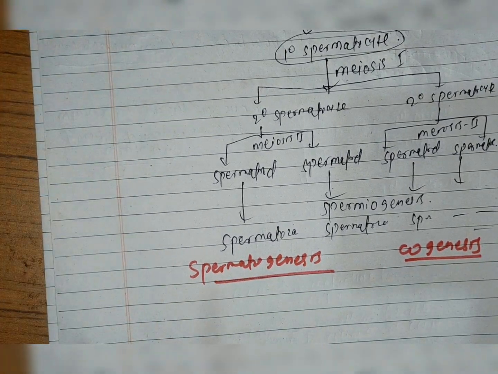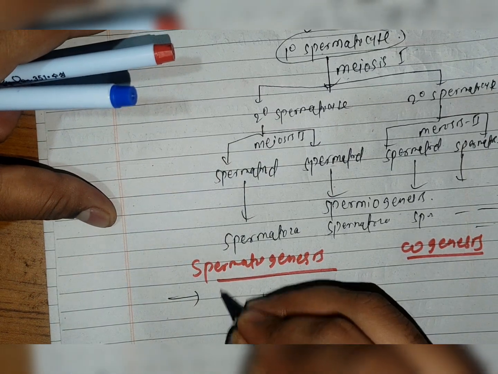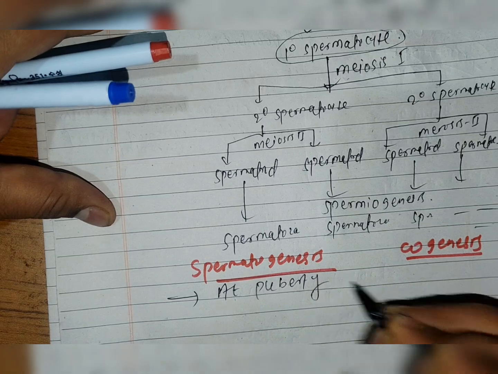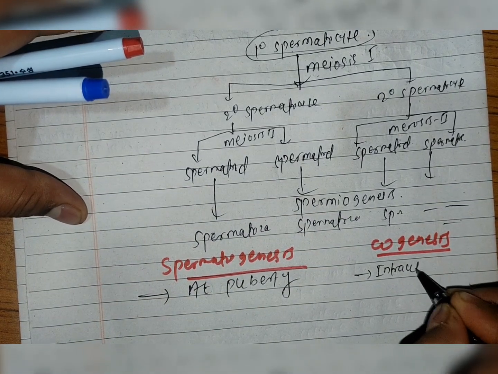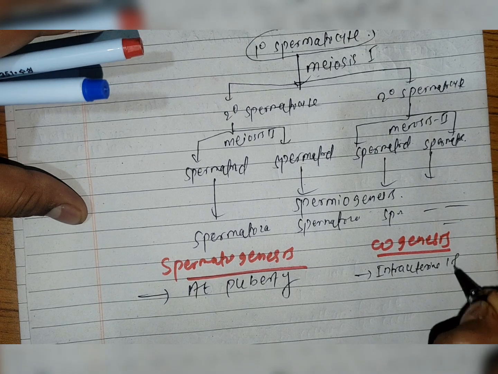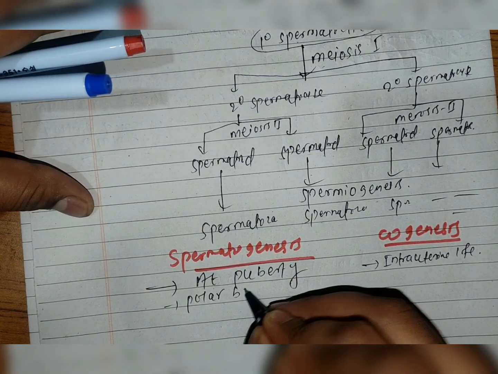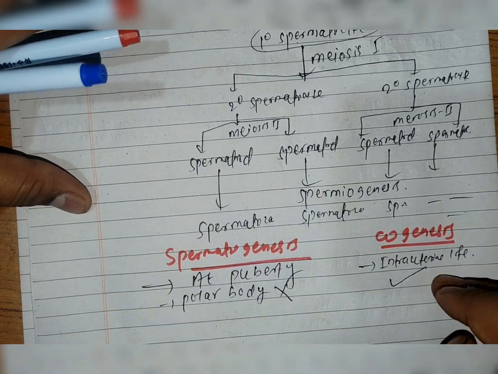The spermatogenesis process starts at puberty, but oogenesis starts in intrauterine life. In spermatogenesis, there is no polar body formation, whereas in oogenesis there is polar body formation.